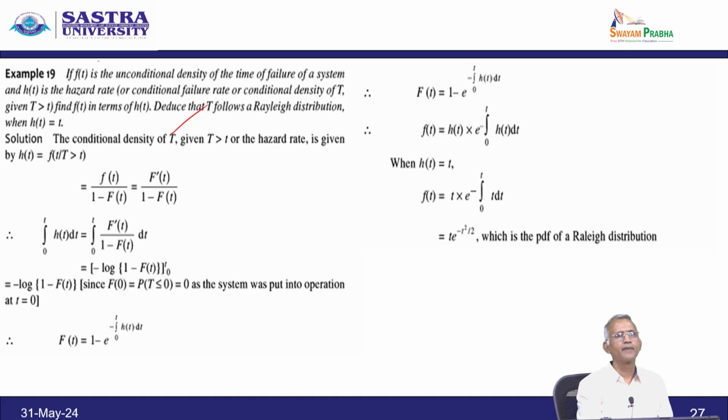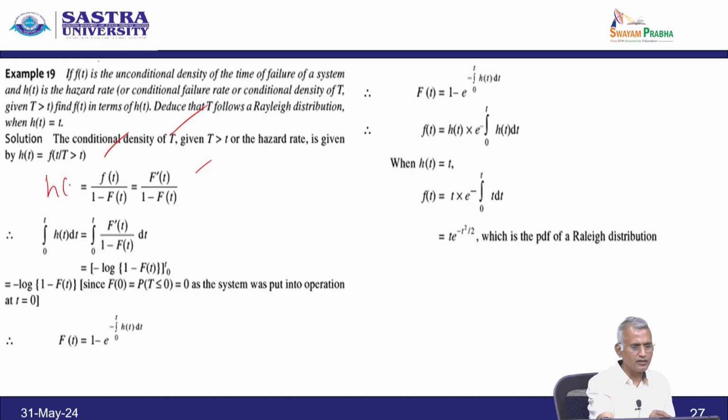The hazard rate is given by h(t) = f(t) / P(T > t). We write this as f(t) / (1 − F(t)), and f(t) is the derivative of F, therefore F′(t) / (1 − F(t)).